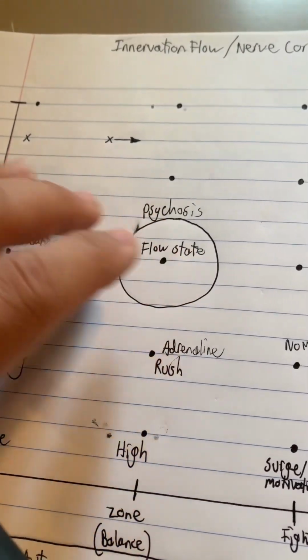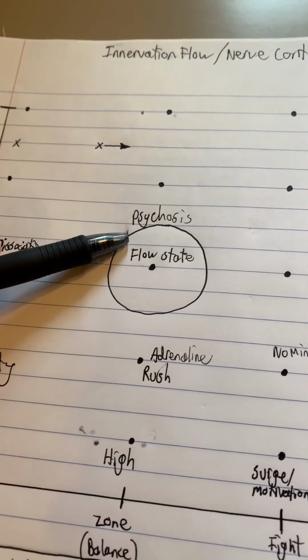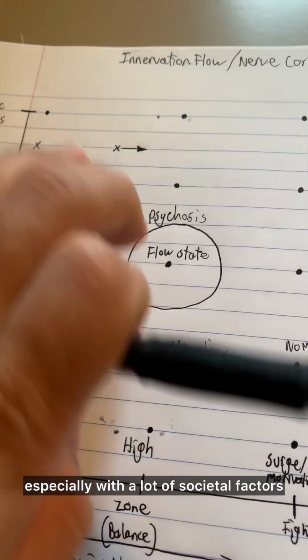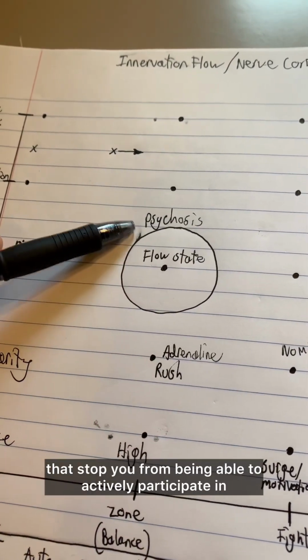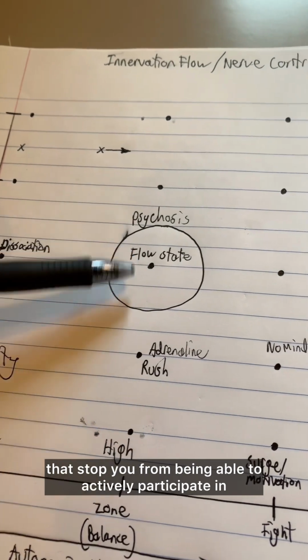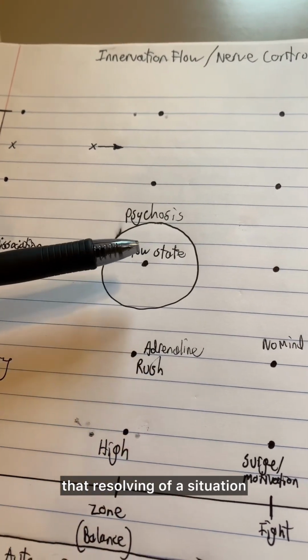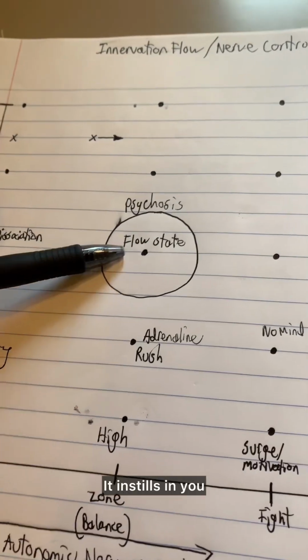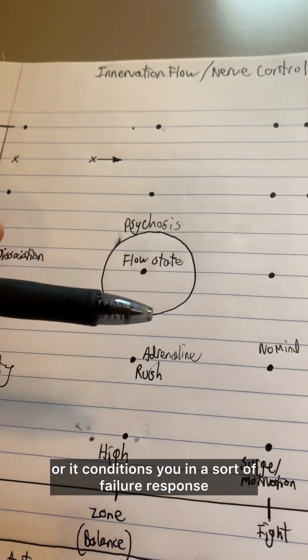Part of the problem is when we don't have any way of actually achieving that, especially with a lot of societal factors or personal factors that stop you from being able to actively participate in that problem solving, in that resolving of a situation, it instills in you or conditions you in a sort of failure response.